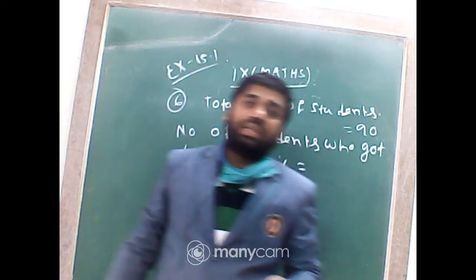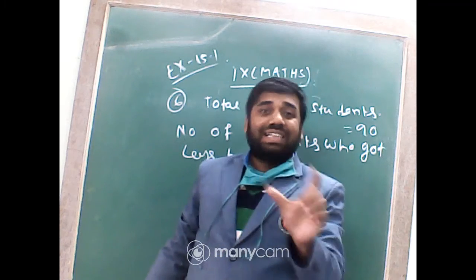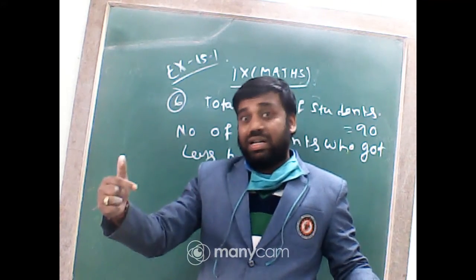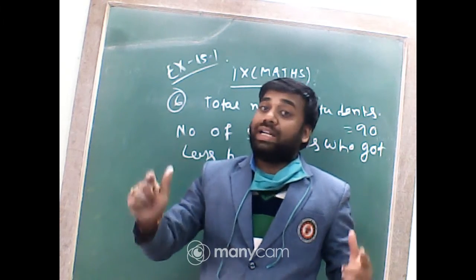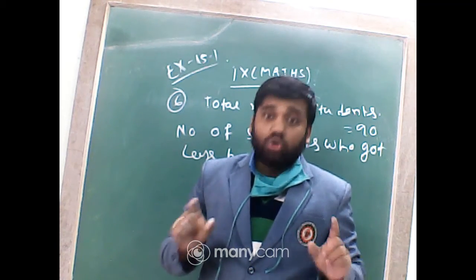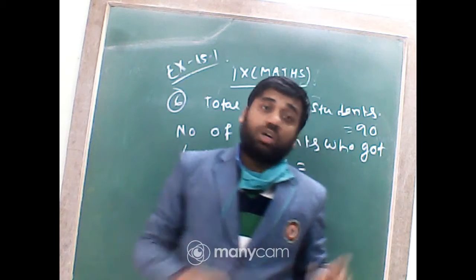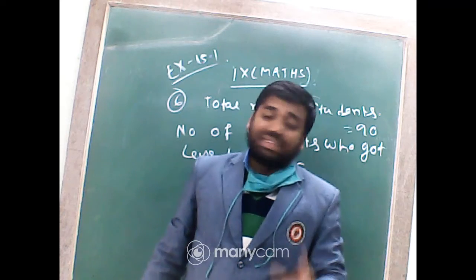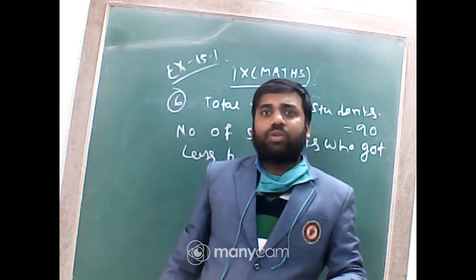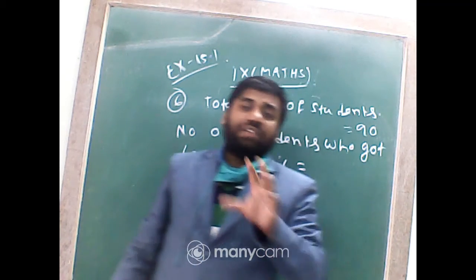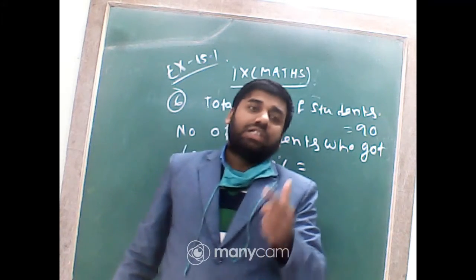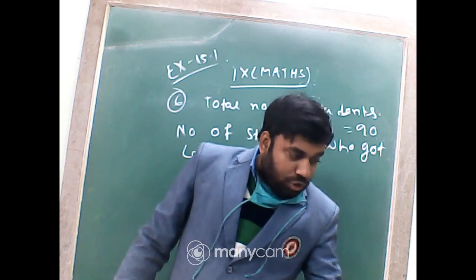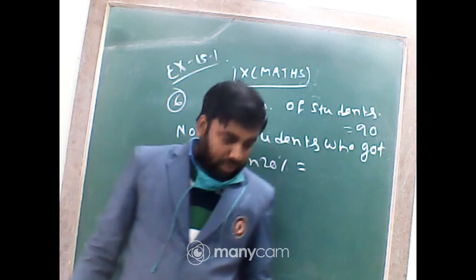Okay, one thing student remember, 0 to 20, it's a class interval. 0 is the lower limit of the class interval and 20 is the upper limit. So 20 should not be added to that interval. It means less than 20. Suppose if anyone got 20, that student will be included in which class of interval? 0 to 20 or 20 to 30?